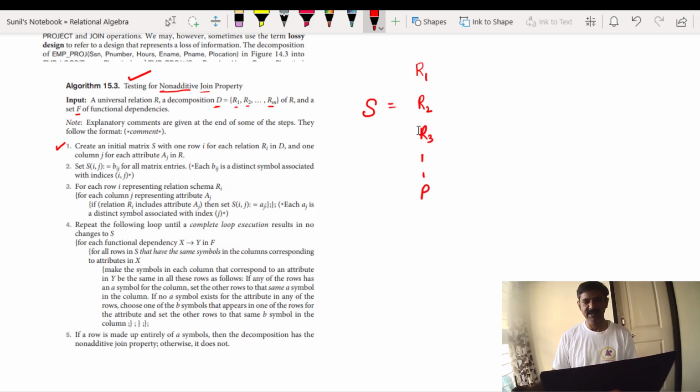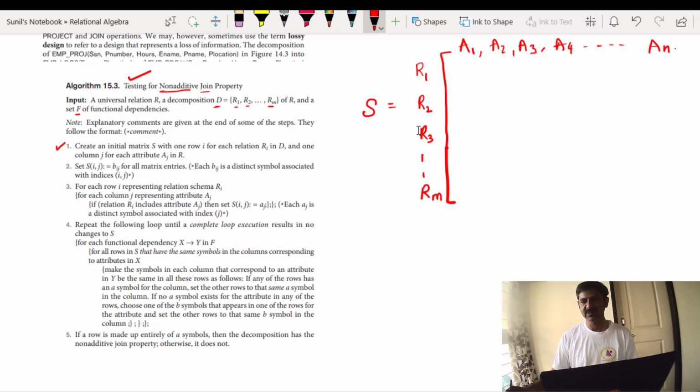So the number of rows is decided by the number of decomposed relations. And how many columns are there in this matrix S? It is equivalent to all the attributes in R1 to Rm put together: A1, A2, A3, A4 up to, let us say, An.